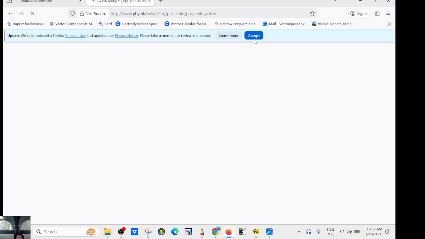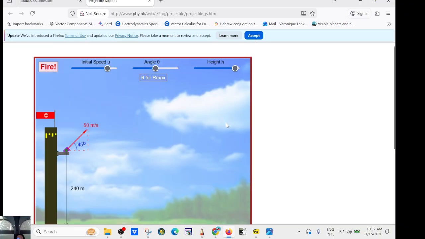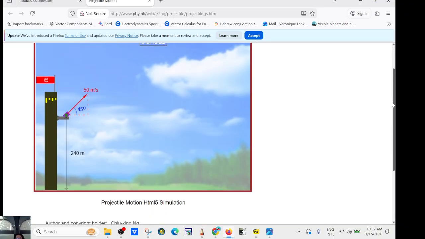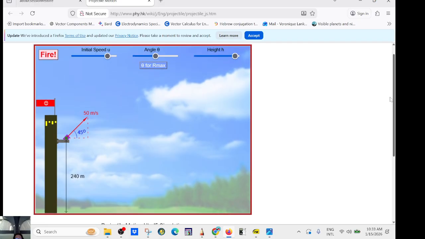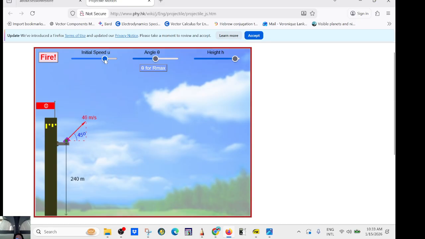See, this is projectile motion, just to remember from last semester. Let's see, I'm shooting horizontally. So you're going to have two axes, the x-axis and y-axis, and we can divide the motion into two components.